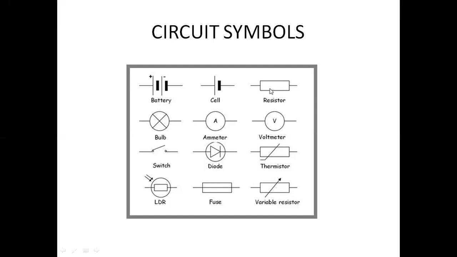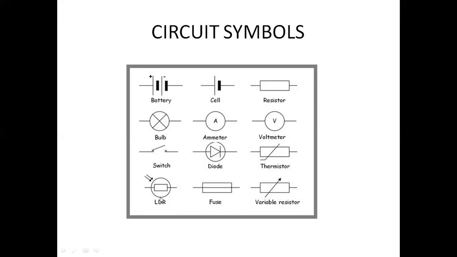This is the symbol of a resistor. This one is a bulb. Ammeter. An ammeter measures current. A voltmeter measures the potential difference, and it also measures the EMF of the battery. This is a switch. This is a diode, and thermistor, LDR.